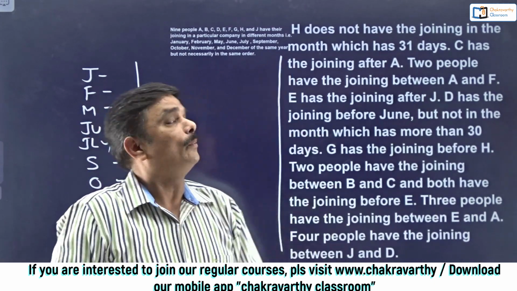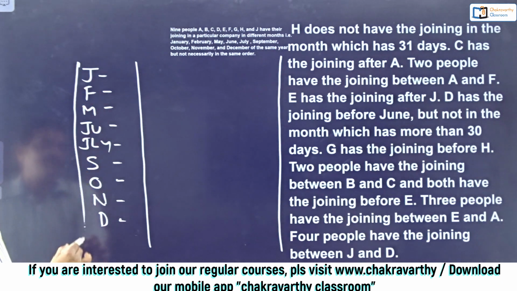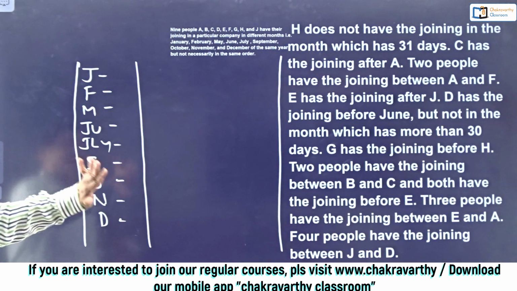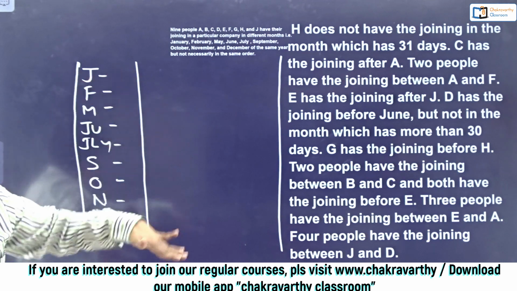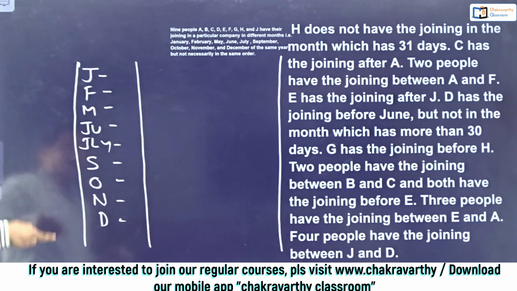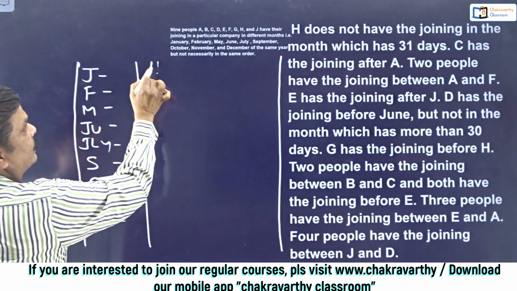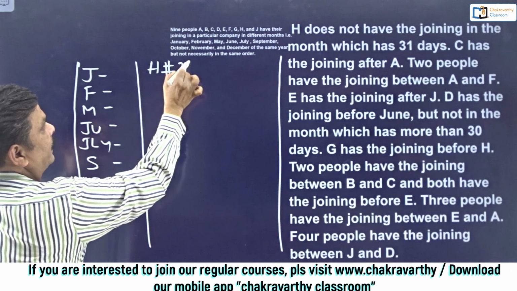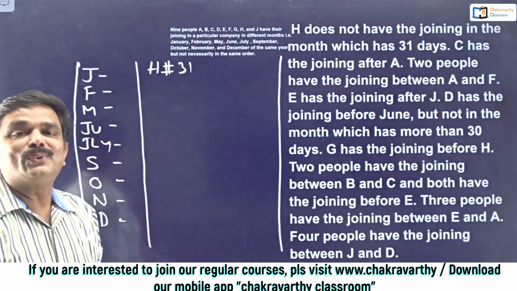That is less than 31. So according to our methodology, you have to write the negative information on the left side. That means January is not suitable for H because that should be less than 31. On the left side, you can write this one. Or simply you write like this here, H not equal to 31 days. As and when it is required, I am going to bring that one onto the chart.